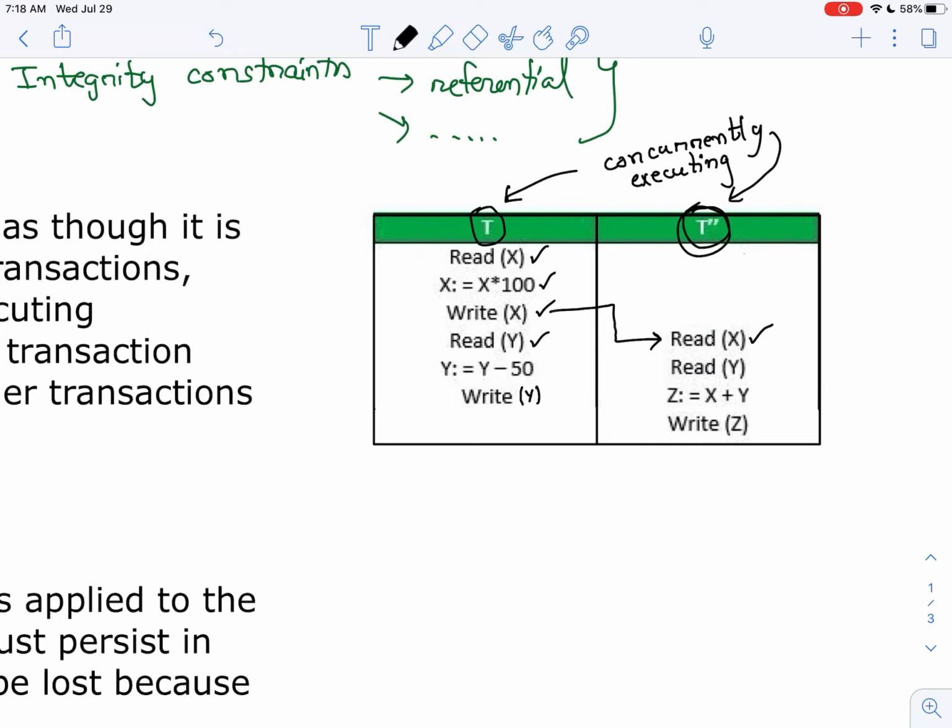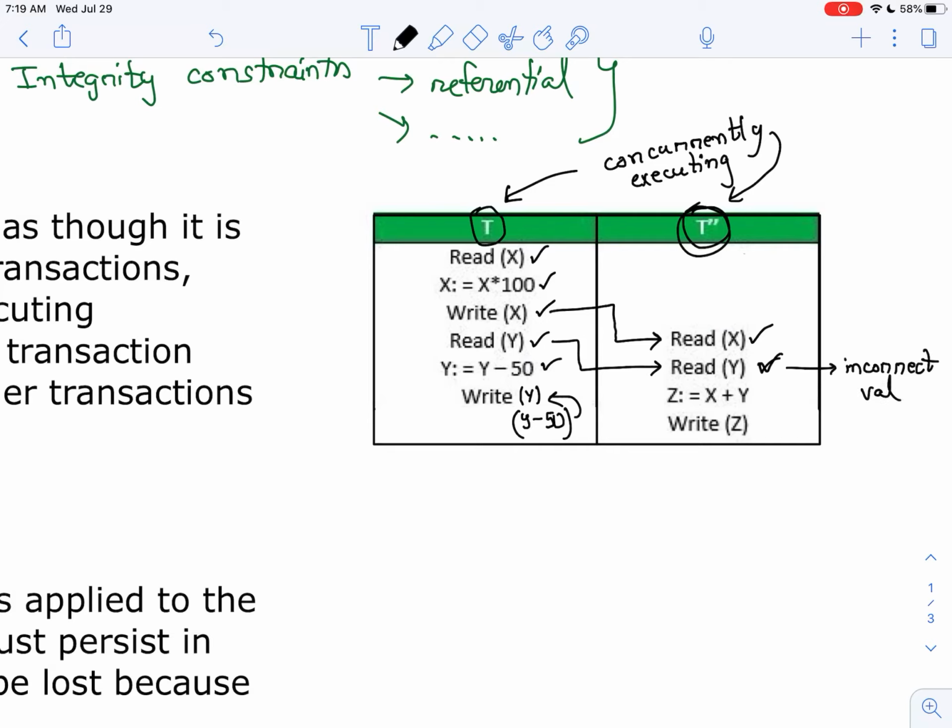At the same time, suppose this transaction subtracts 50 from y and this transaction reads y. However, this transaction is going to get the same value as this transaction got when it first read the value of y, because the value of y is being written here, y minus 50. So when your second transaction reads the value of y here, it's going to get an incorrect value, right?